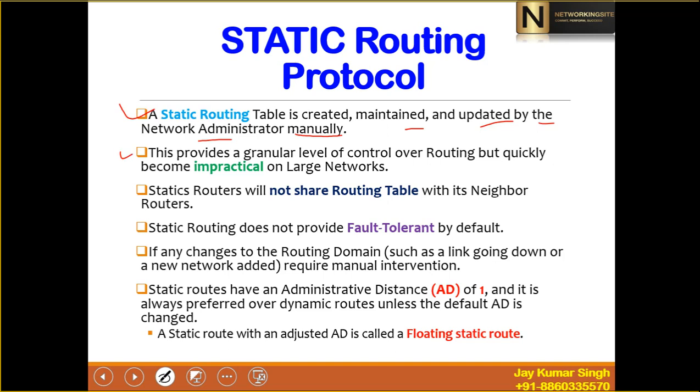This provides a granular level of control over routing, meaning full control. Full control means you know how your packet is moving from your router to the destination. But it is impractical for a large network. For a small network, it's okay, but for a large network, it's not recommended.